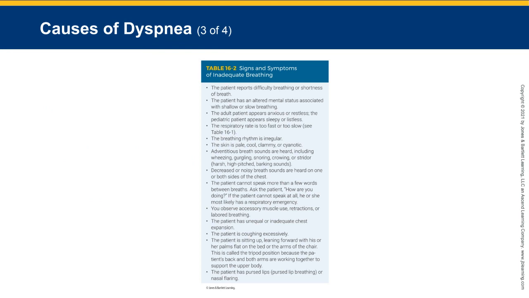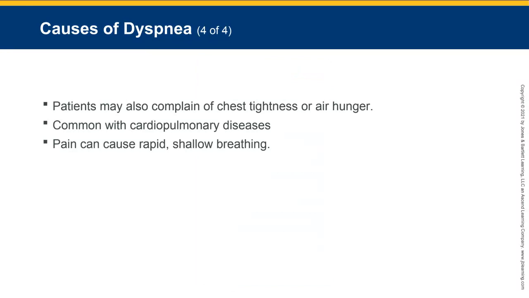Spend some time and look at that when you're studying. Patients may also complain of chest tightness or air hunger, common with cardiopulmonary disease. Pain can cause rapid, shallow breathing.